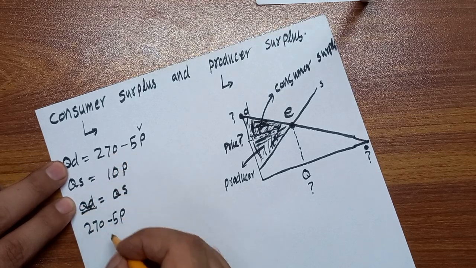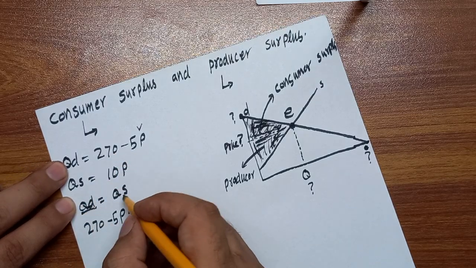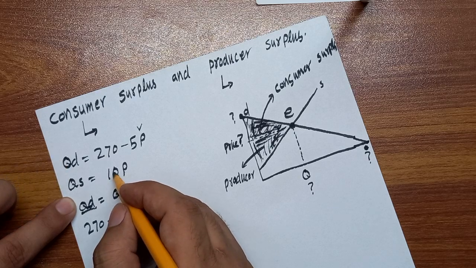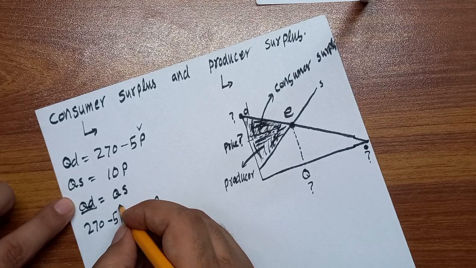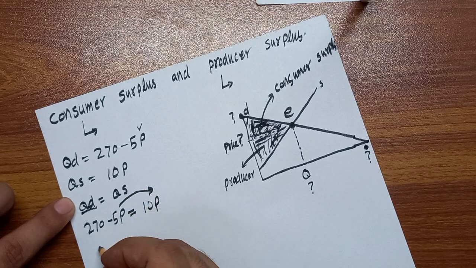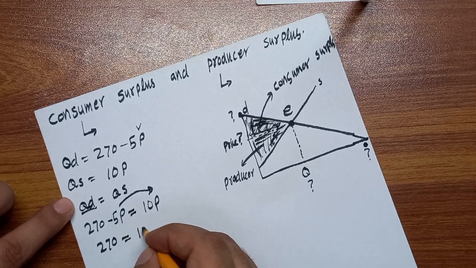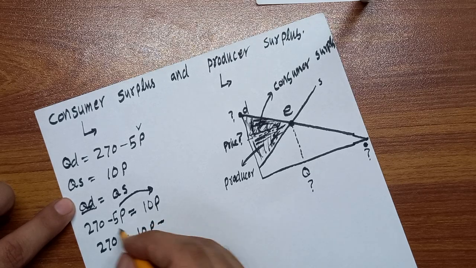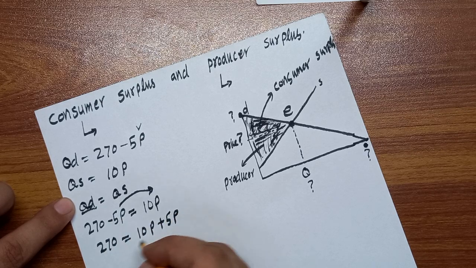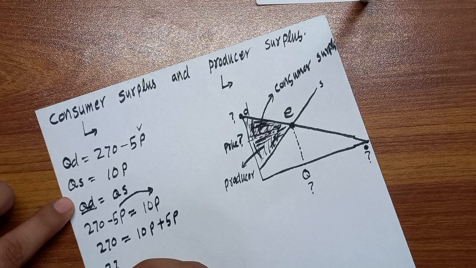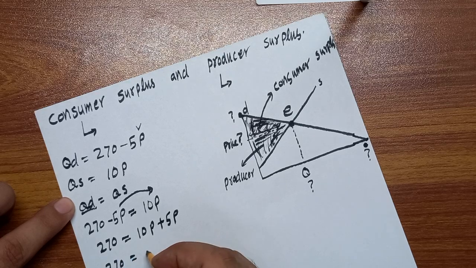The quantity of supply is 10P. We will shift this to this side. We will have 270 is equal to 10P, and this is minus 5P, it will become plus 5P. So now 270 is equal to 15P. 10 plus 5 we will get 15.